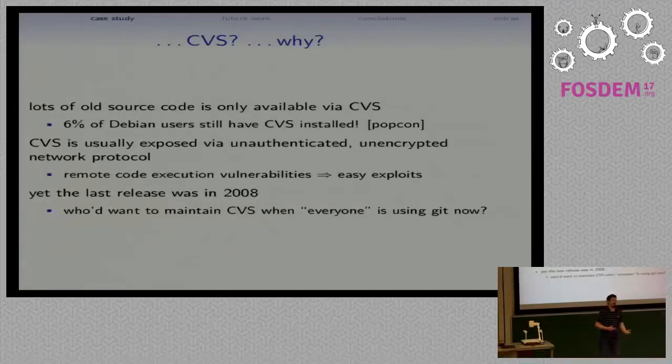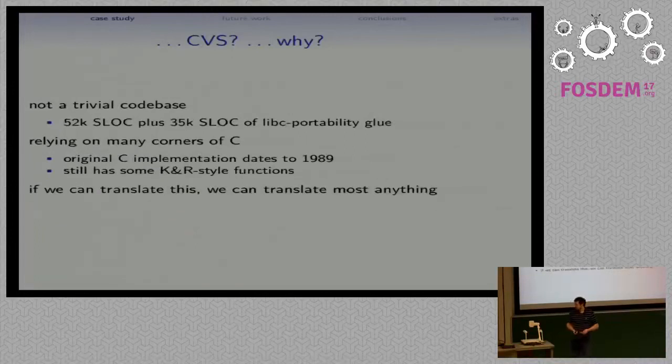So if there are remote code execution vulnerabilities, they're that much easier to actually exploit. And yet, despite the fact that this is of use and has security implications, the last release of it was in 2008.